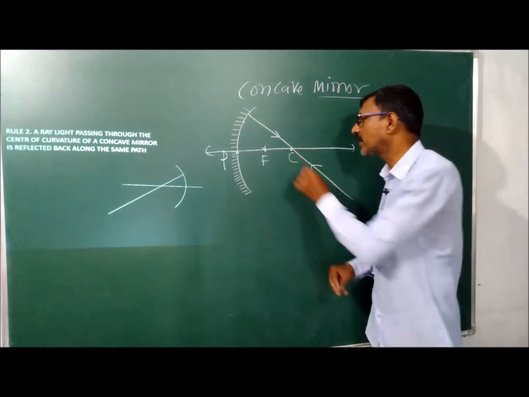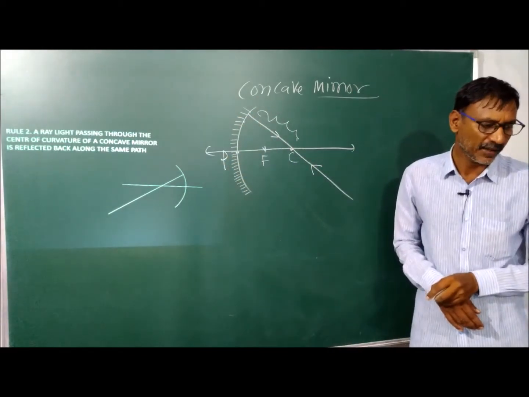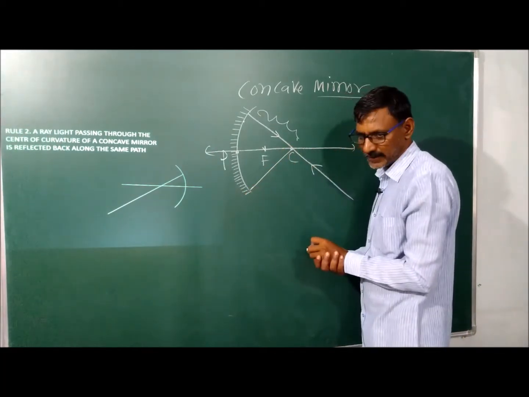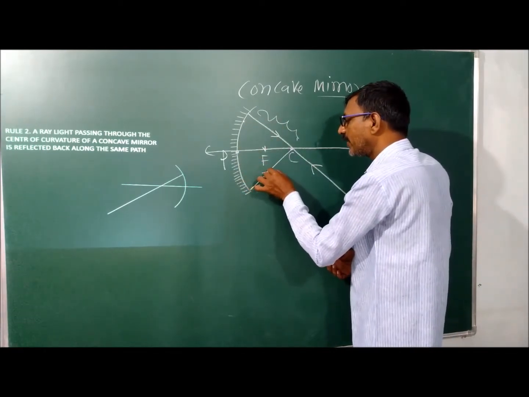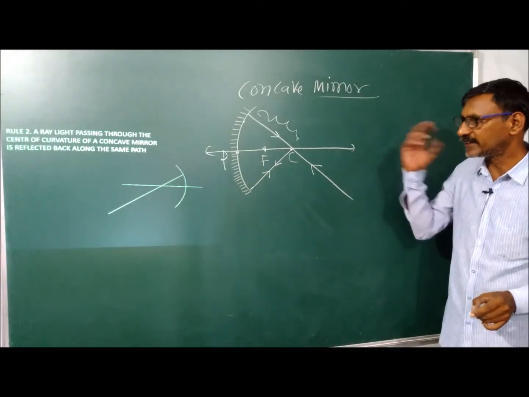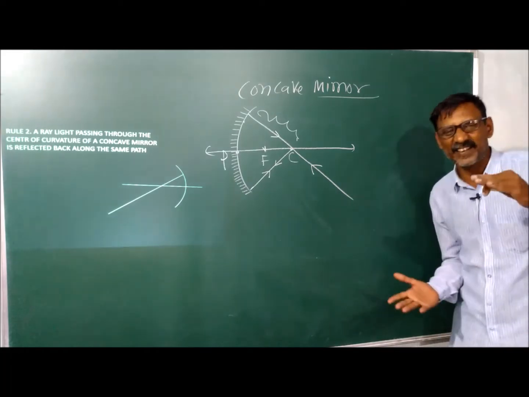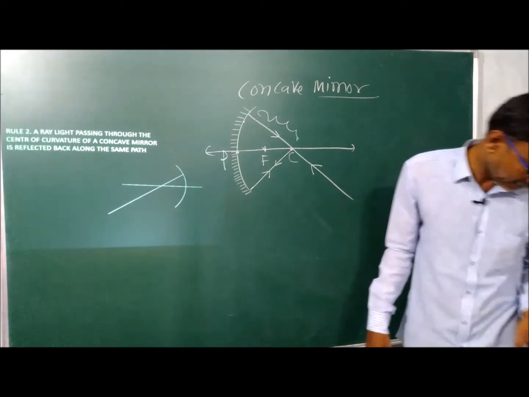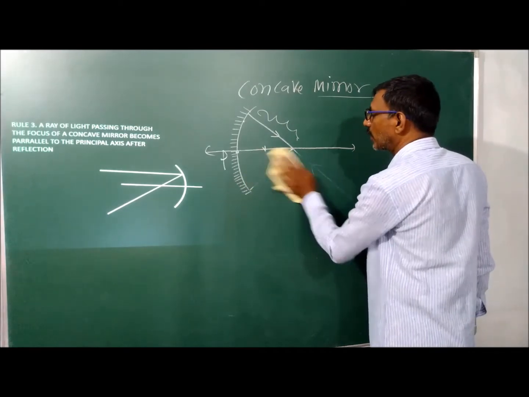The center of curvature is normal to any point on the concave surface. If you take this side, this is also normal to the curved part, and the ray is always reflected back along the same path. This is the second rule. It helps to understand how images are formed: inverted, enlarged, bigger and smaller. Second rule is over. Now we come to the third rule.